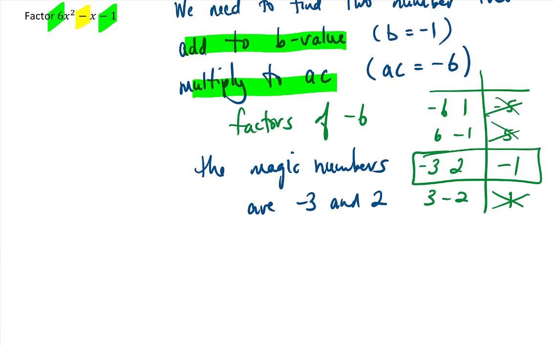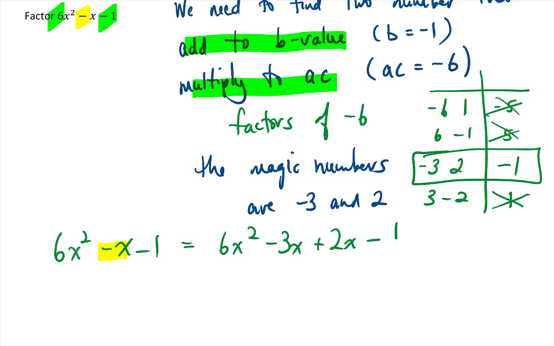That's the next part. We take our equation, 6x squared minus x minus 1, and we use the magic numbers to split up that middle term, this negative x. So we end up with 6x squared, the first magic number was negative 3, so that's negative 3x, plus 2x minus 1.